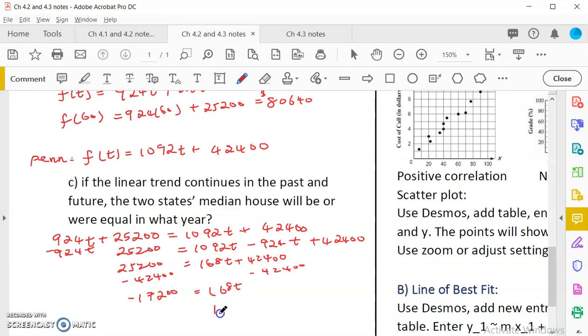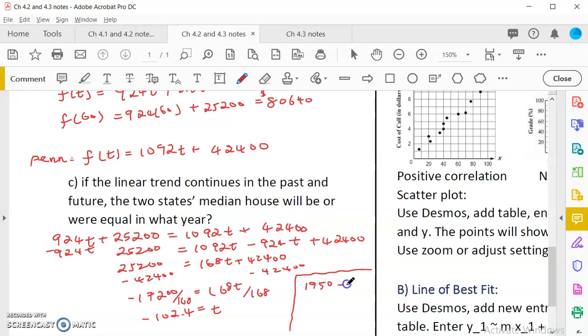And then you divide by 168. So t would be negative 102.4. So if you go back 100 years or so, they would have the same median home price. So what would that year be? Our zero is 1950. So it's not that there's no solution.